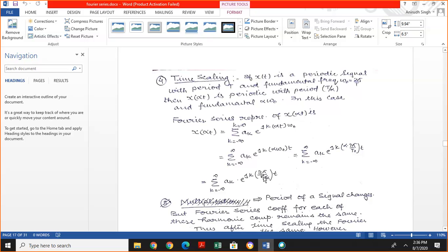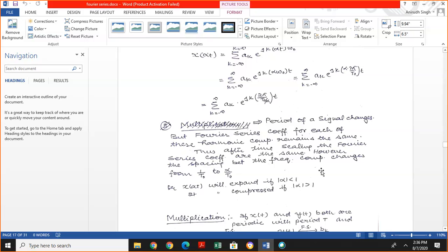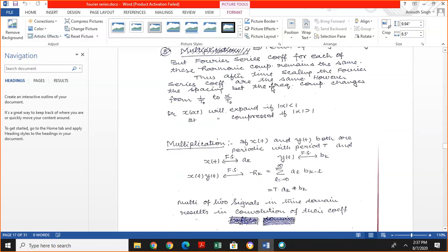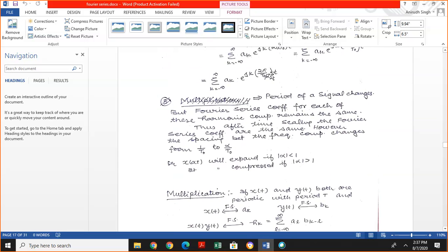And this omega is written as 2 pi by T, and we can say that the period of the signal changes. In time scaling, the period of the signal changes, but the Fourier series coefficient for each of these harmonic components remains the same.